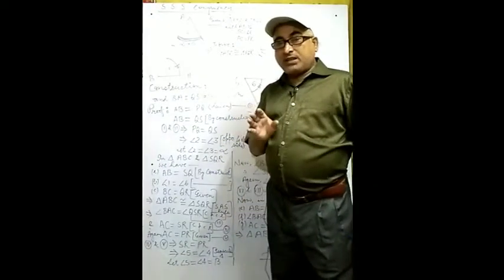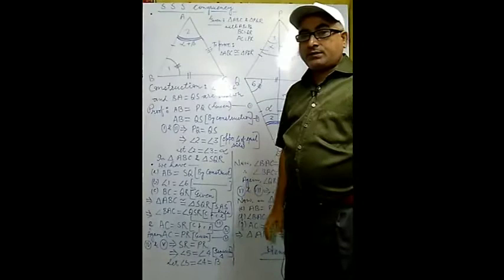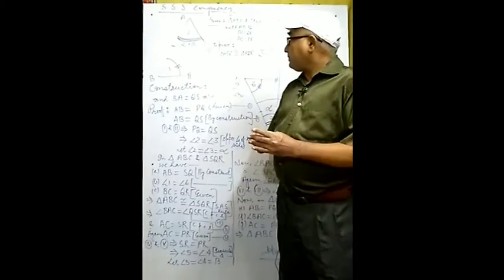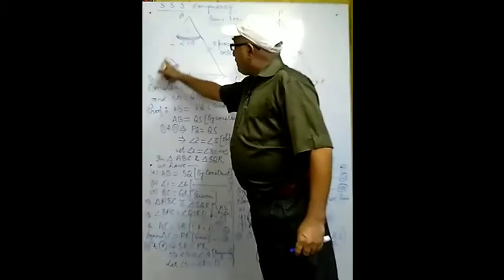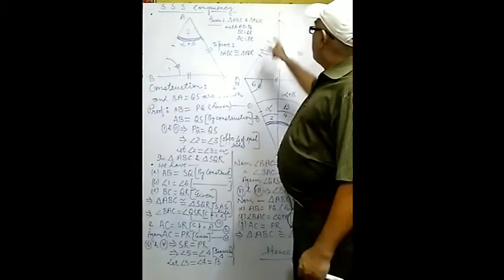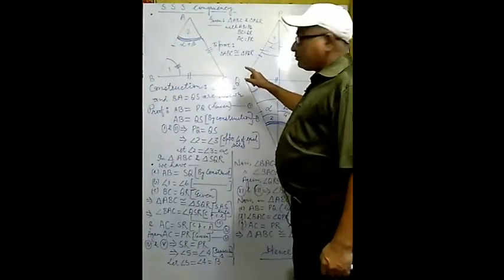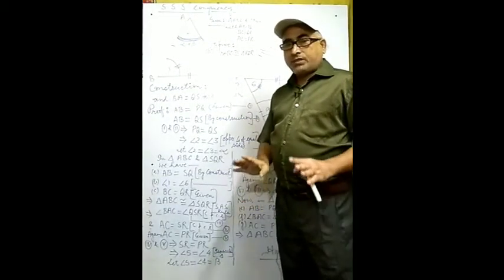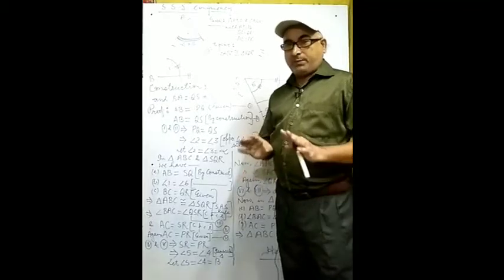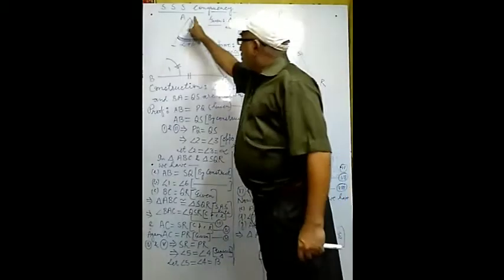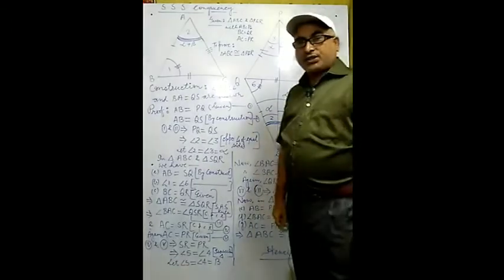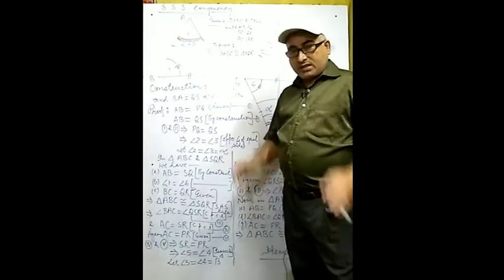On the basis of this, what do we observe? You may mark here. AB is equal to PQ, which is already given. And AB is equal to QS by construction.